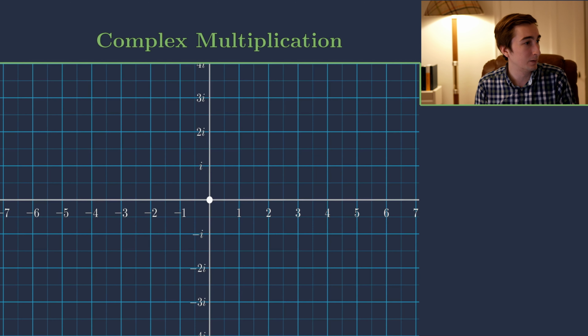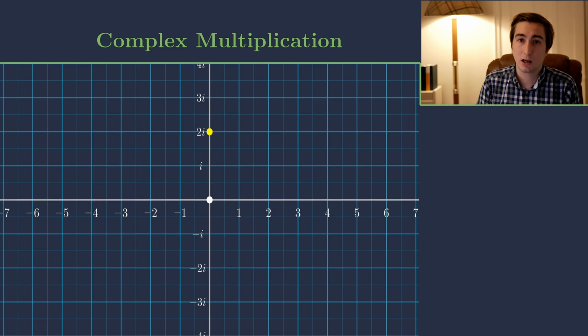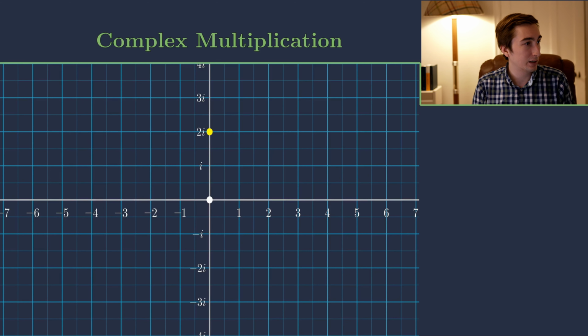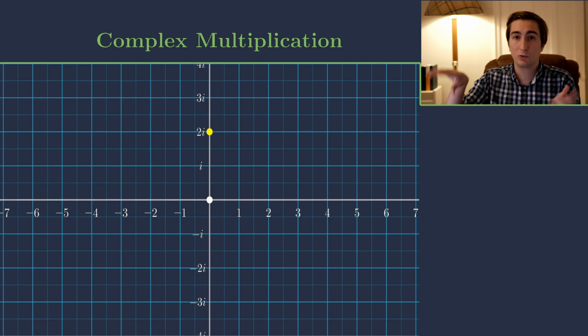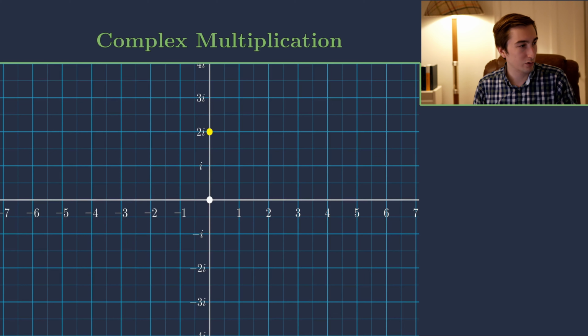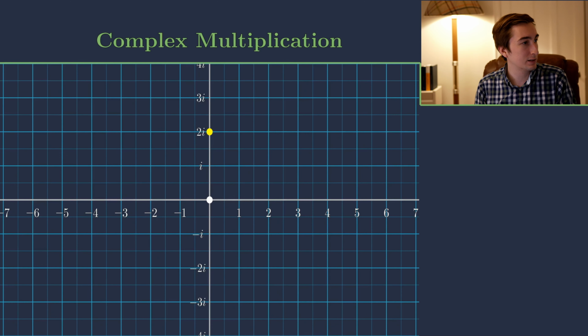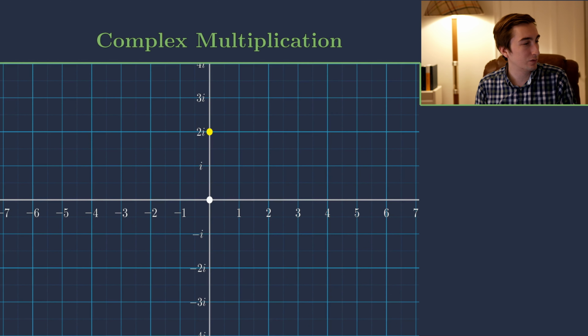That's our geometric picture. And similarly, if we think about how 2 times I would act on the entire complex plane, well, we saw that it acted on the real number line by stretching it and then rotating it by 90 degrees. So it would make sense that it acts on the entire complex plane by rotating it by 90 degrees counterclockwise and then stretching it by a factor of 2.